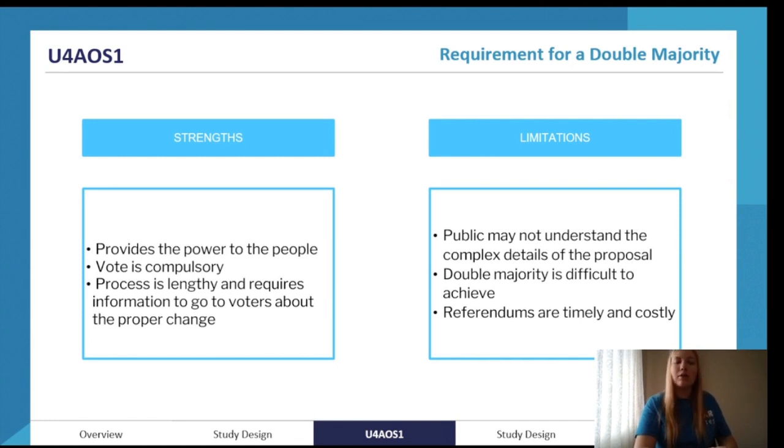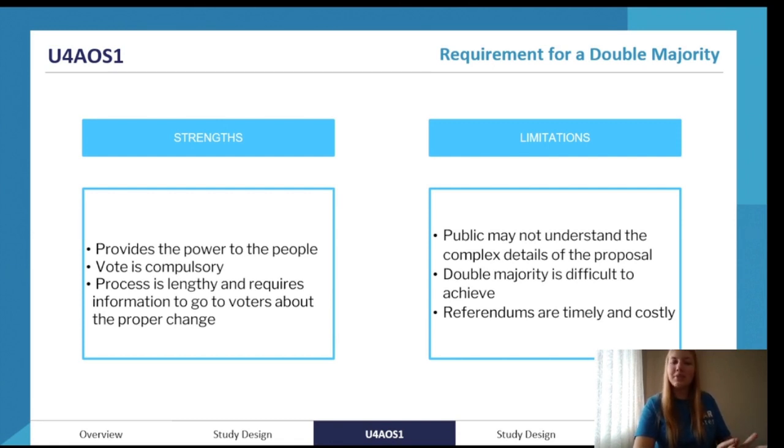So Parliament is required to do this over a certain extended period of time, and they are actually required to ensure that there is a lot of public information being released about what the referendum is about.